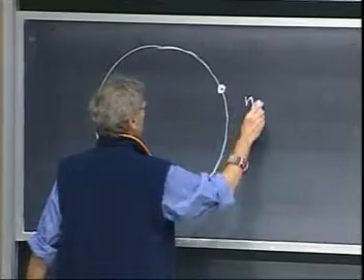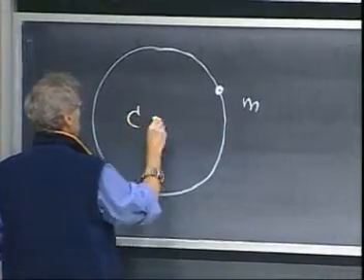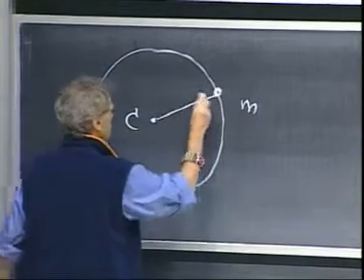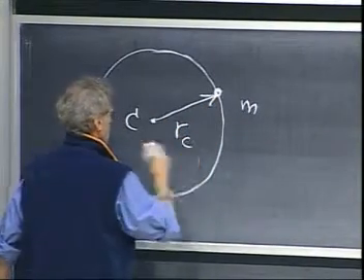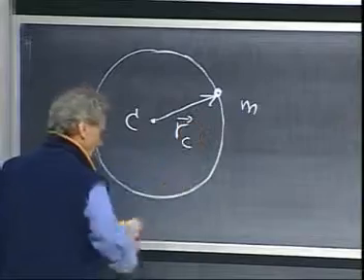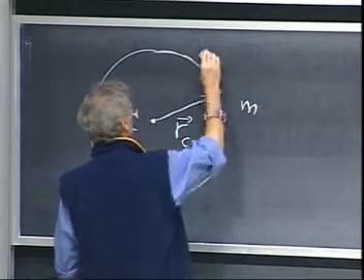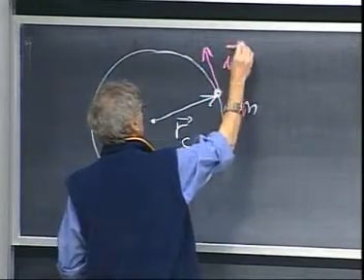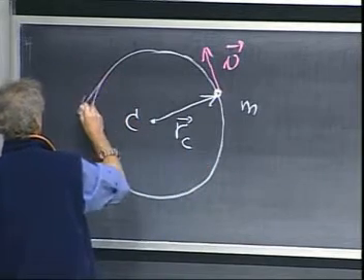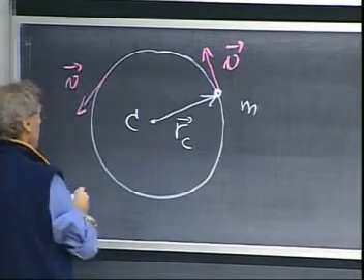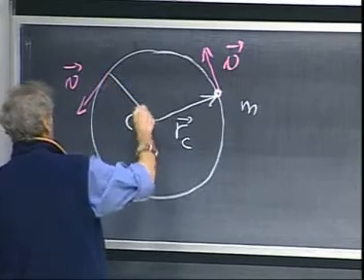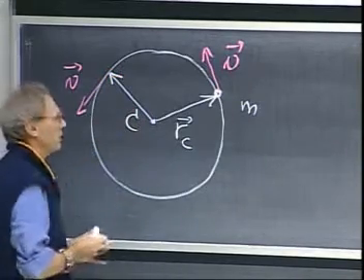Here's the Earth with mass m. At point C here is the Sun. This is the position vector r of C. And the Earth has a certain tangential velocity. And the speed never changes, but the velocity does change. So this is the position vector at a later point in time.